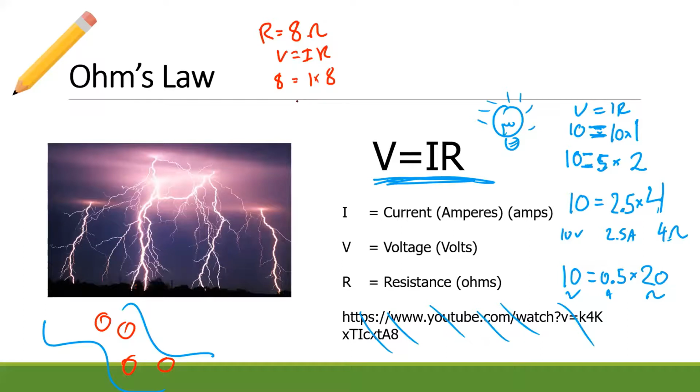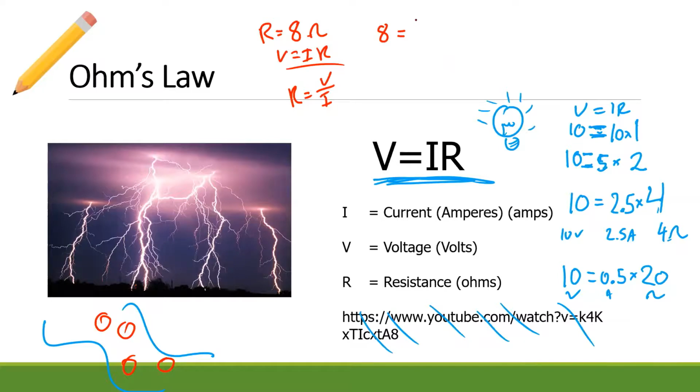Yep. So what? Let's say now that our resistance is still, you know what? This is actually really difficult to do. Let's change this formula to be R equals V divided by I. That's going to be a lot easier to work with. Let's now use that. We've got 8 ohms.